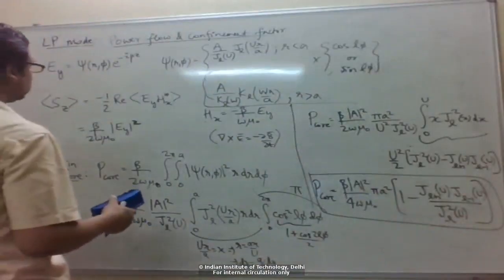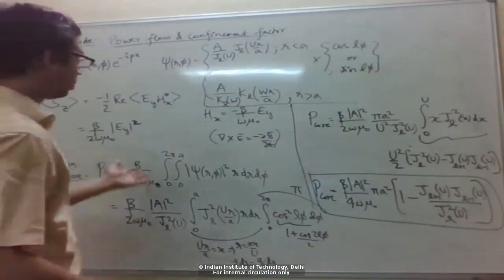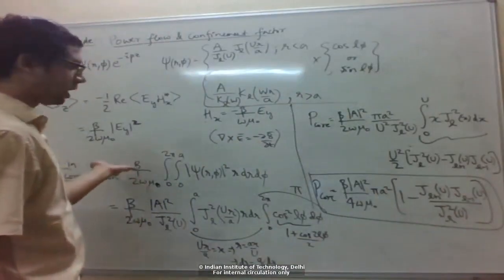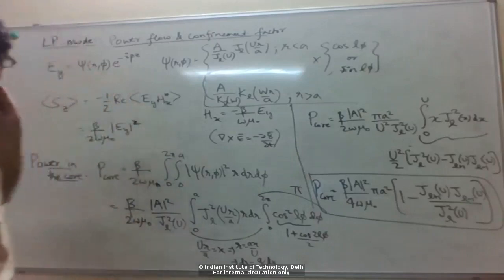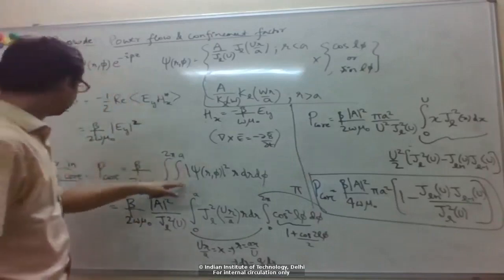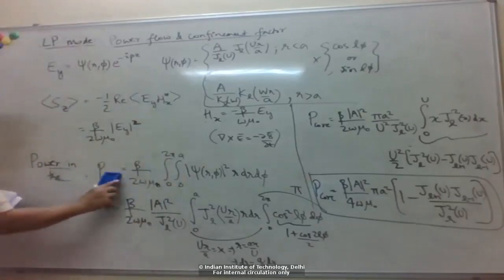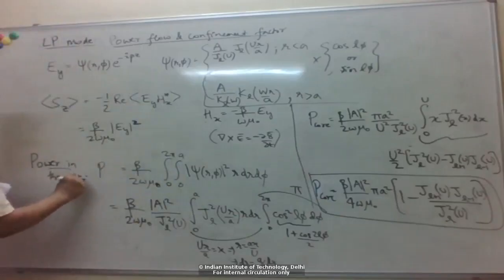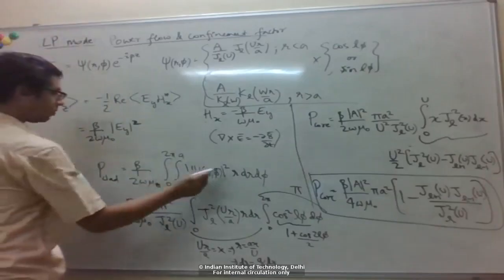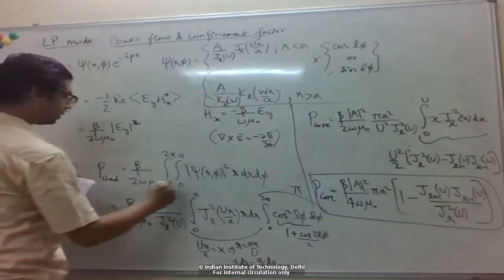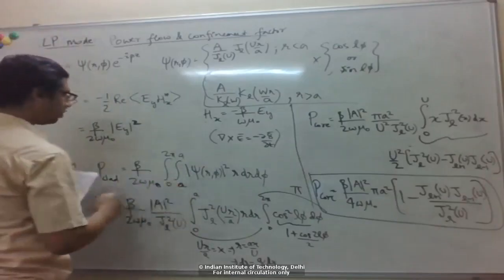Now to find the confinement factor, we also need to evaluate the fraction of power in the cladding. So basically, now we evaluate this integral in the cladding. For the cladding again, phi goes from 0 to 2 pi, but the radial coordinate goes from a to infinity.